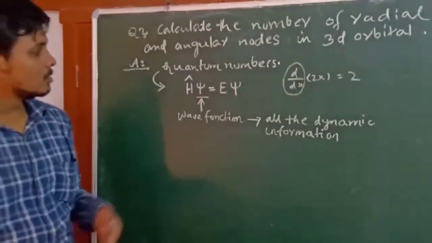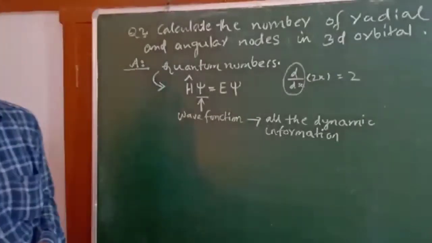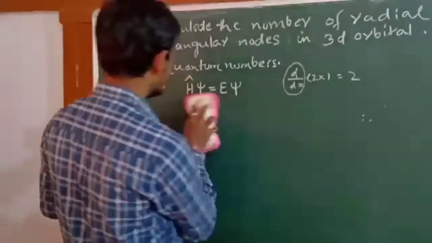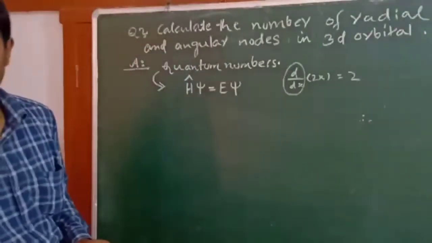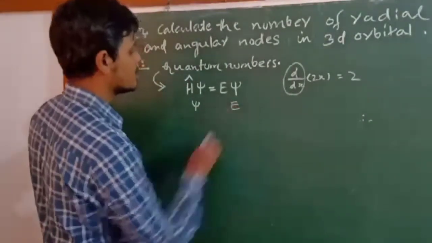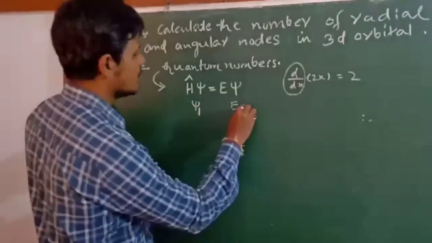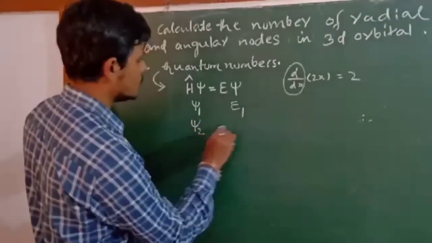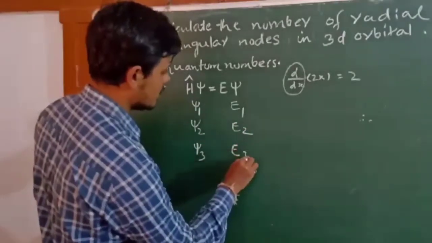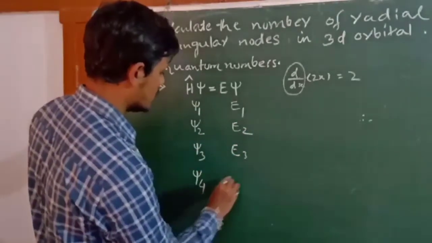Now, the Schrodinger equation is basically a differential equation which, on solving, gives the values of psi and E. For example, I get psi 1 E1, psi 2 E2, psi 3 E3, psi 4 E4.